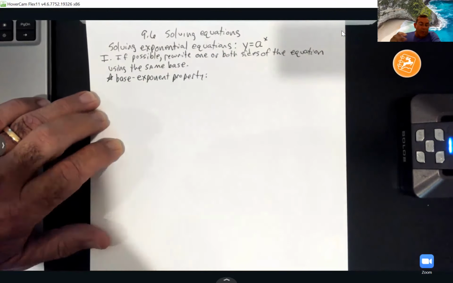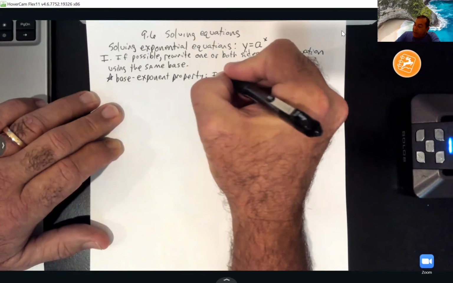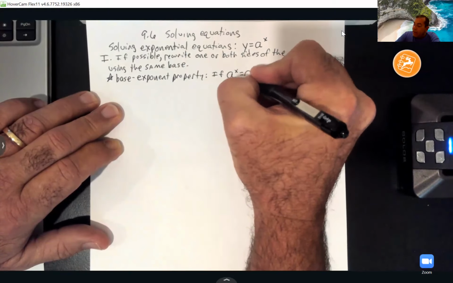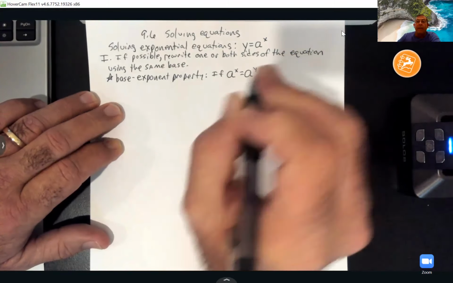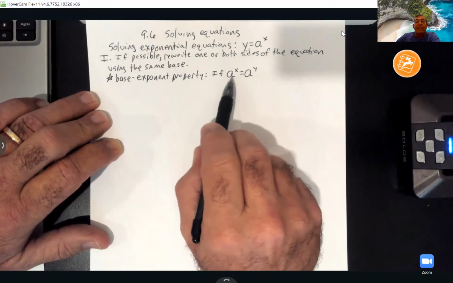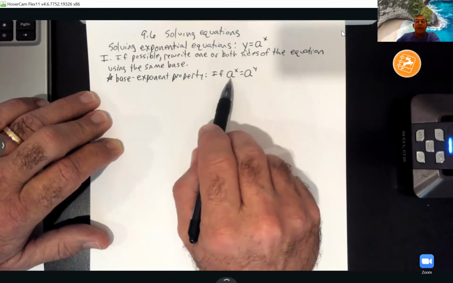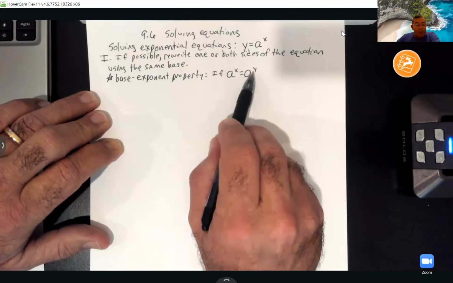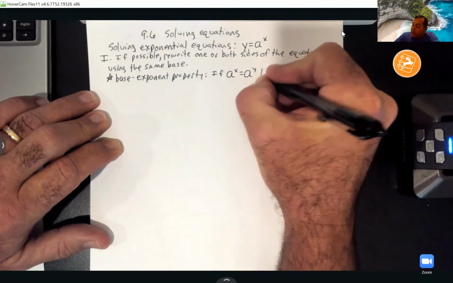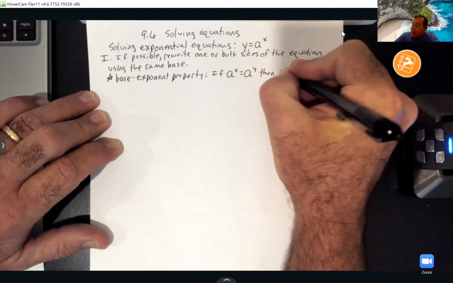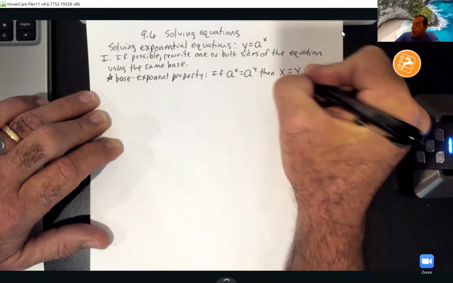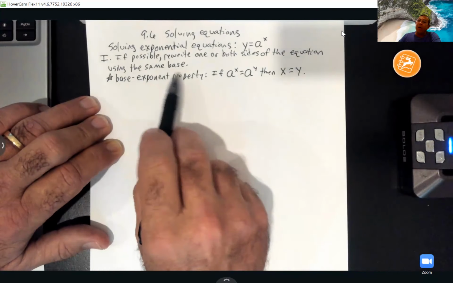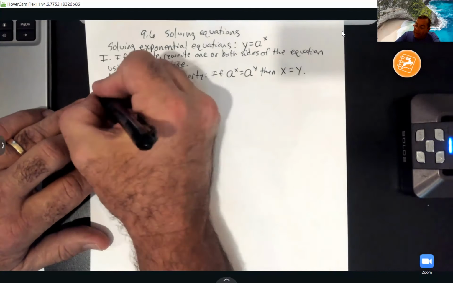Now, this base exponent property tells me if a to the x equals a to the y, so you got 2 sides equal and they got the same base, that means the exponents must be equal. So then x equals y. Okay, so that's only if it's possible for me to rewrite it.